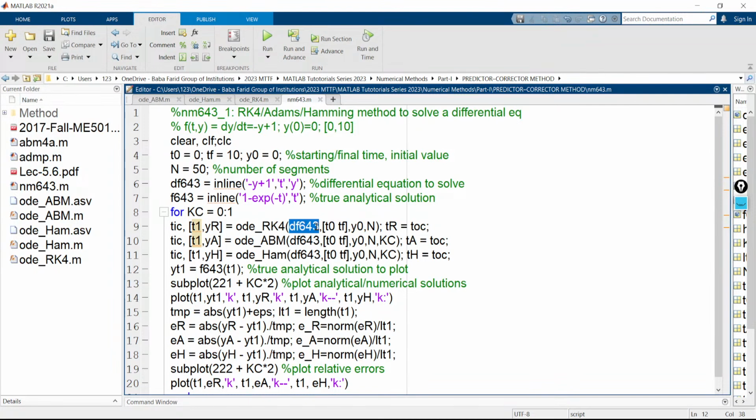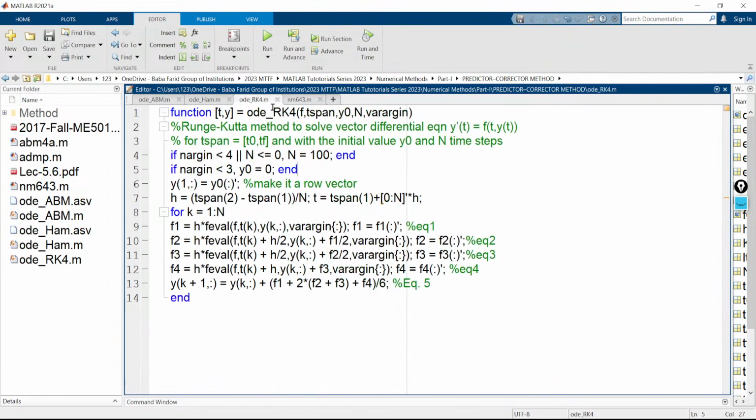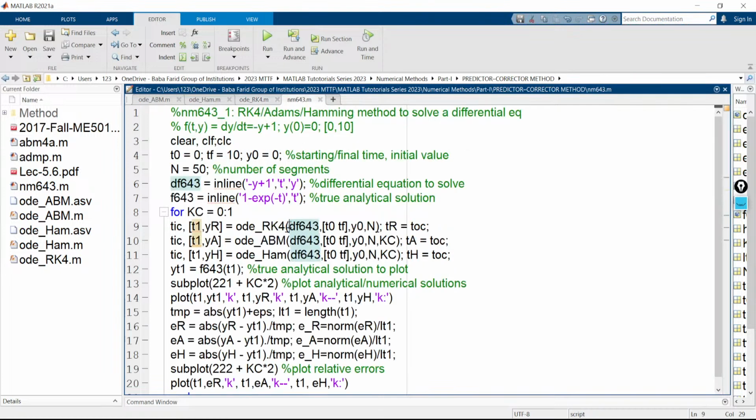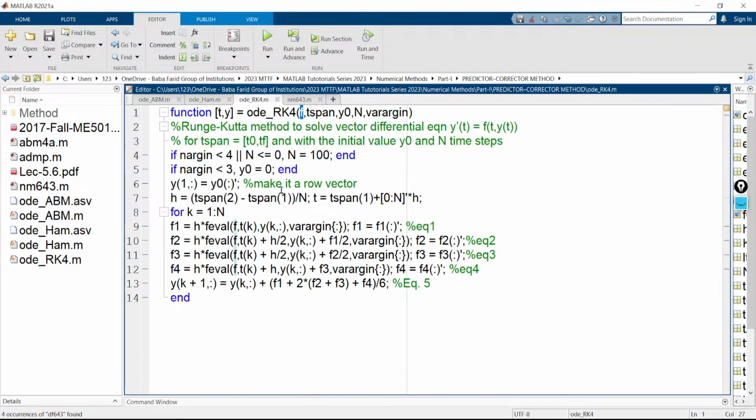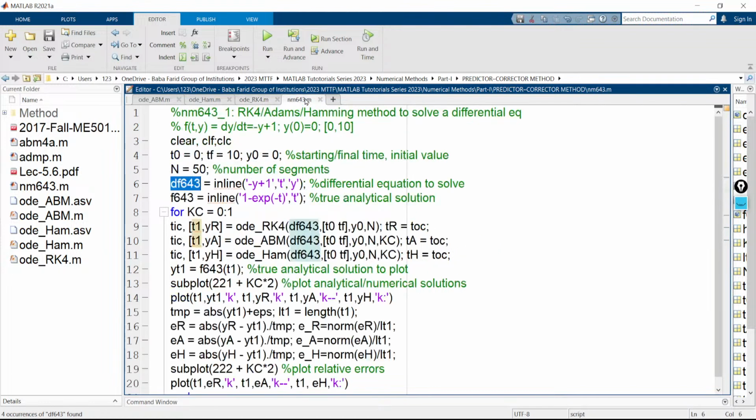Here is F and here is DF643, which will be called at this place automatically. Then this is the time span, this is the initial condition, this is the number of iterations, and TR is equal to toc.